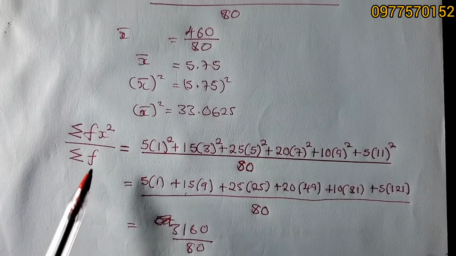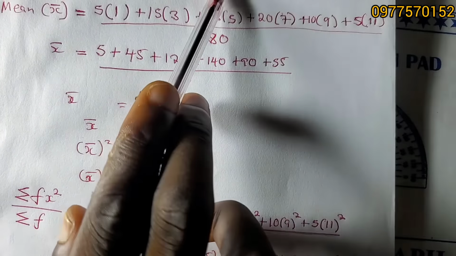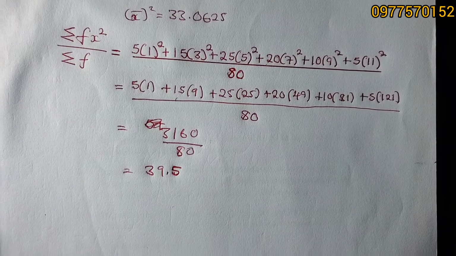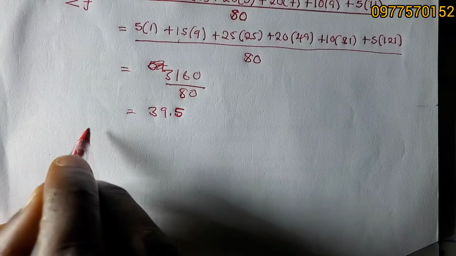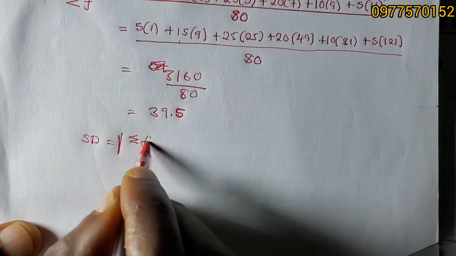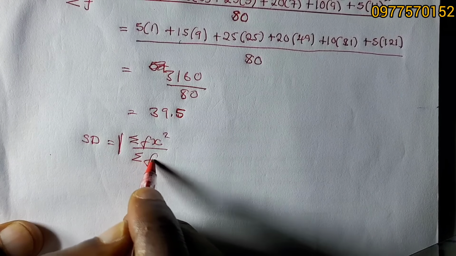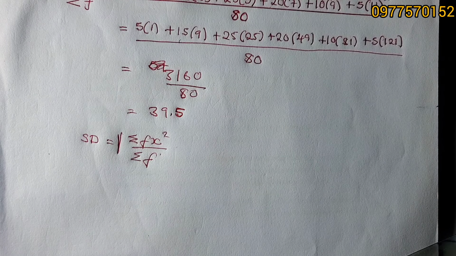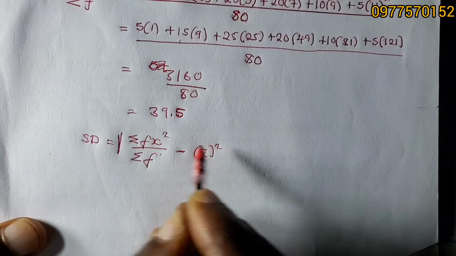Now, having found this side and also this one, you can just subtract. Let me just show you nicely. The formula for standard deviation, SD, is equal to the square root of the summation of f x squared over the summation of f, the frequency, then minus the mean squared.